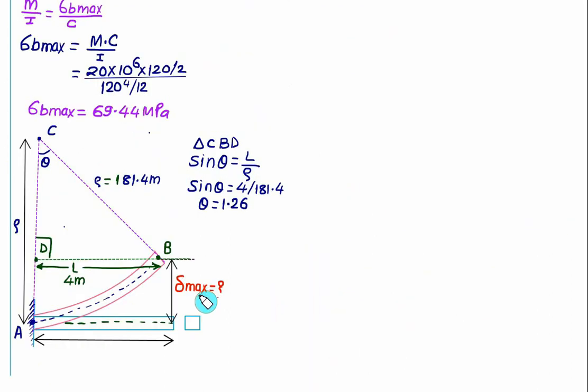What we are interested in is delta max, which is equal to the distance AD. The distance AD is the distance AC minus the distance CD. The distance AC is equal to rho, and CD is rho multiplied by cos theta, remembering that cos theta is CD divided by rho.